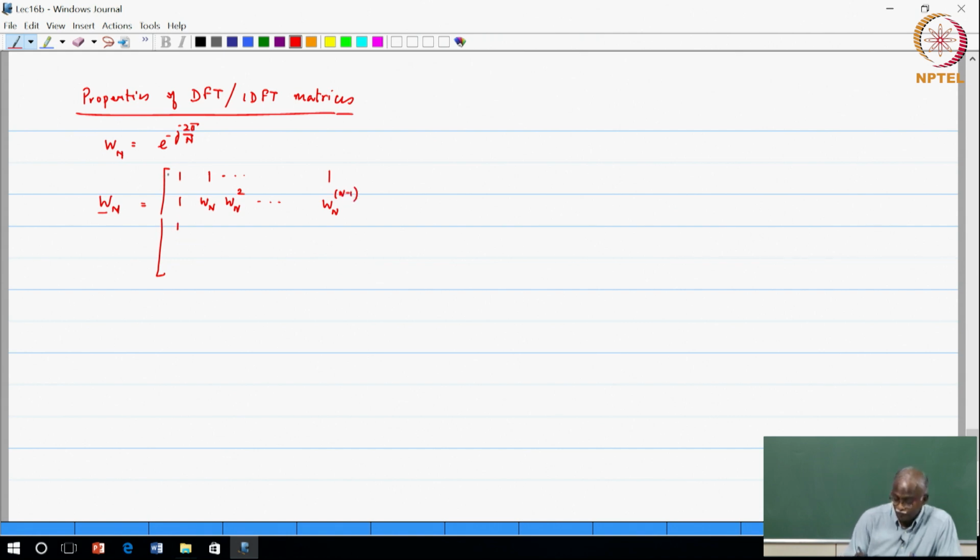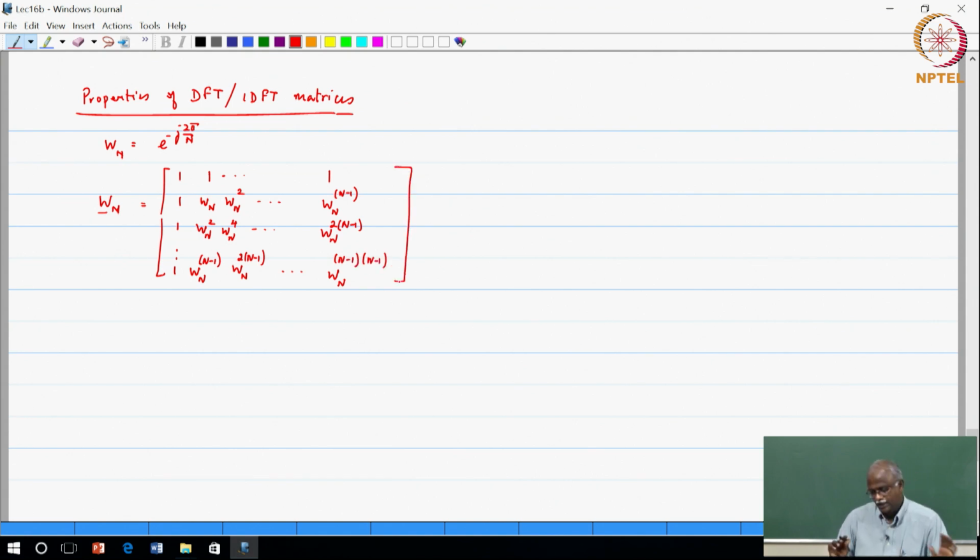The third row would be 1, Wn squared, Wn 4, up to Wn to the power 2 times n minus 1, and if you come down the list, the last row would be 1, Wn raised to the power n minus 1, Wn raised to the power 2 times n minus 1, and the last term would be Wn raised to the power n minus 1 into n minus 1.